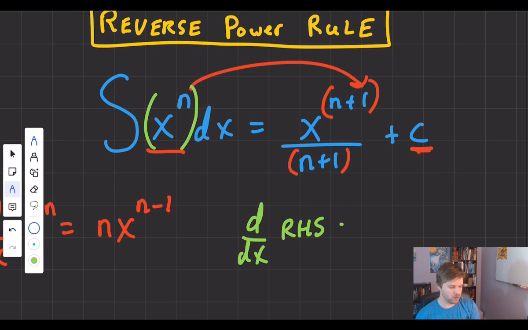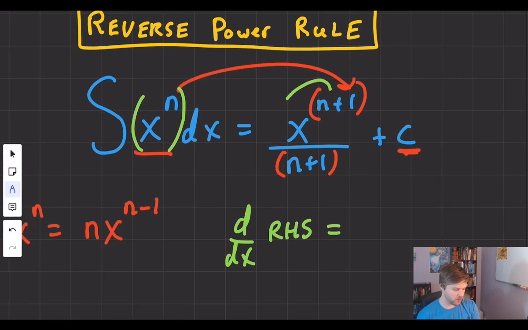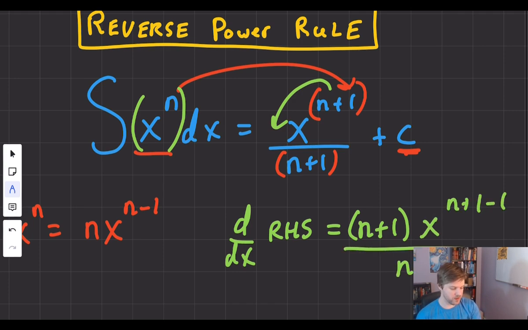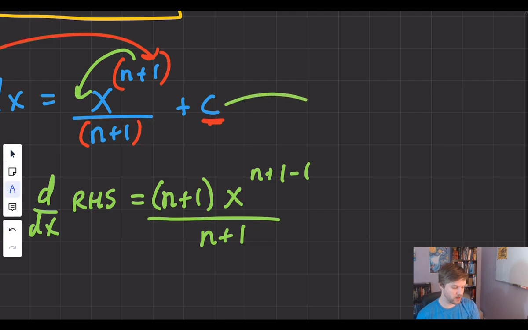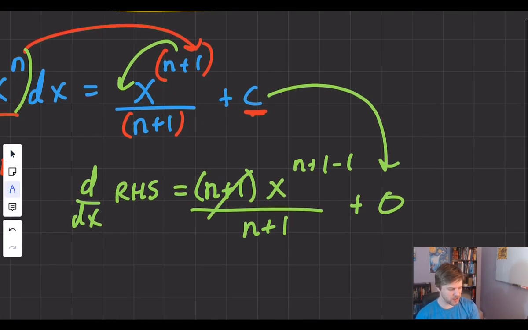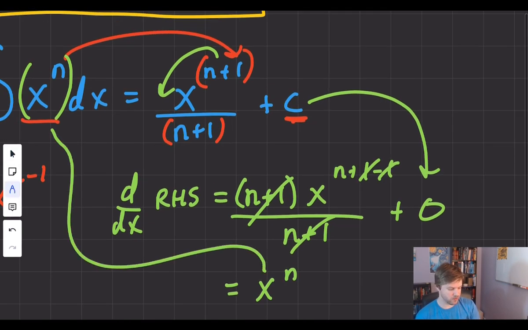We multiply by n plus 1, and then decrease the exponent by 1, and the derivative of c becomes 0. And so n plus 1 cancels, and we just get x to the n, which was our integrand, which means that we did it correctly.